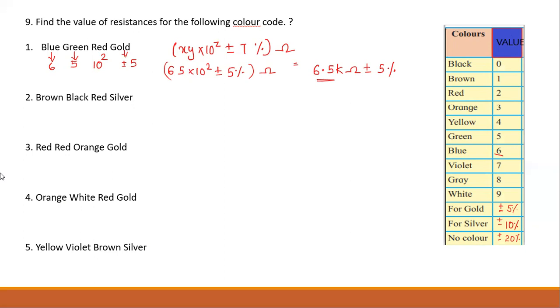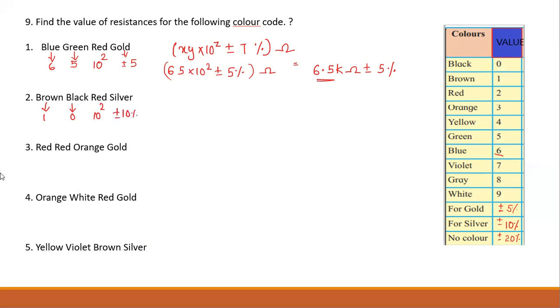Brown is 1. Next is black. Black is 0. Next is red. Red, that is the third color, we have to write as the power of 10, that is 10 raised to 2 will come. And silver, tolerance is plus or minus 10%.